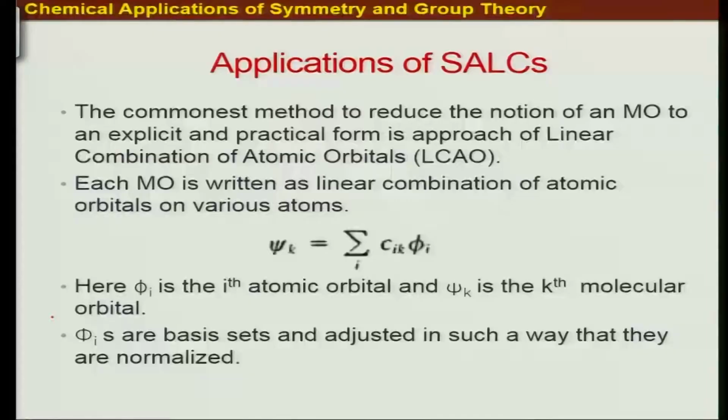So this is an approximation, and here we write a molecular orbital as the linear combination of the atomic orbitals, which is clear from its name. And how do we do that?